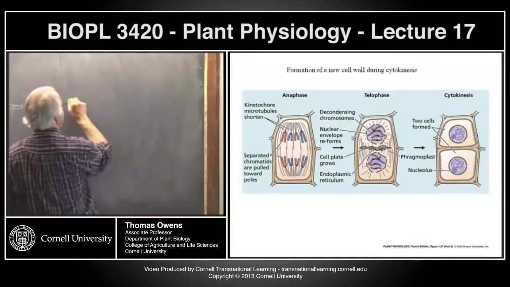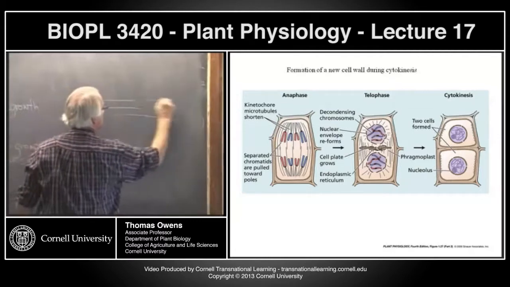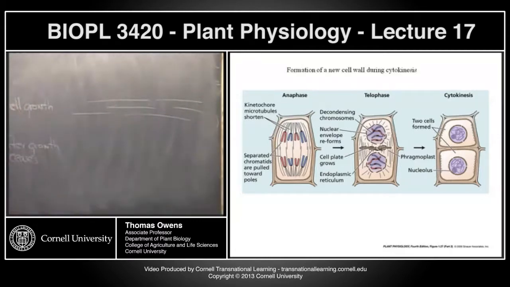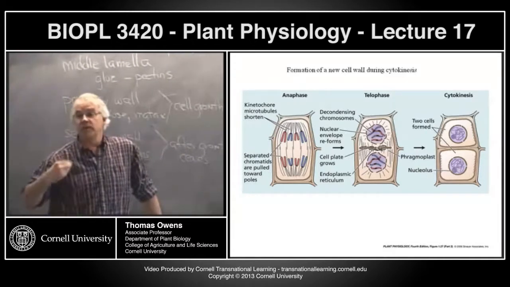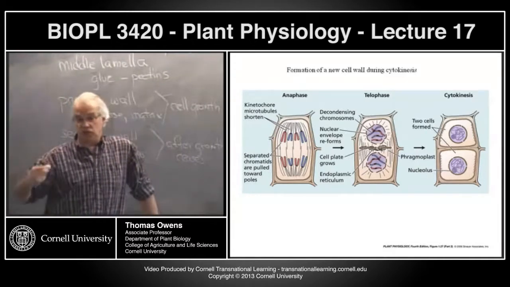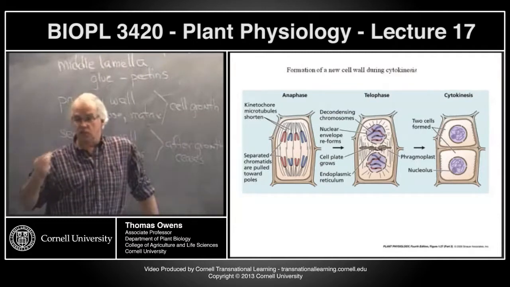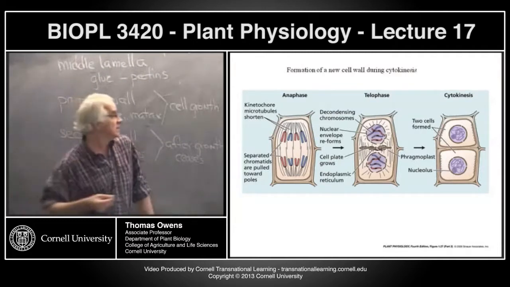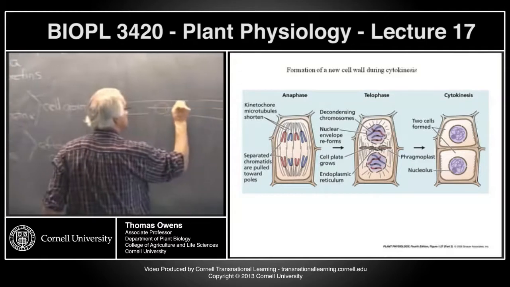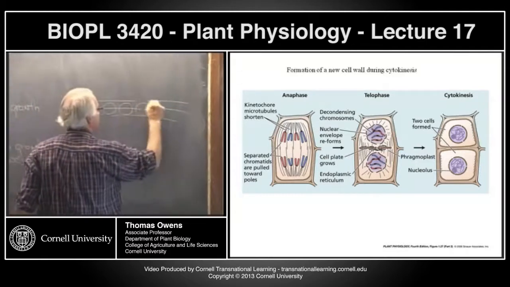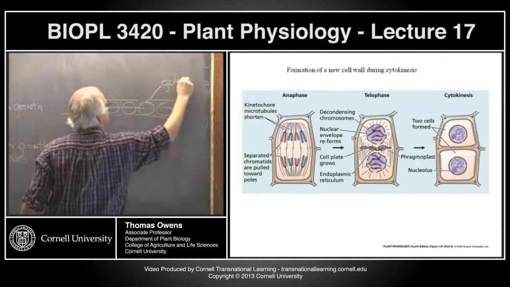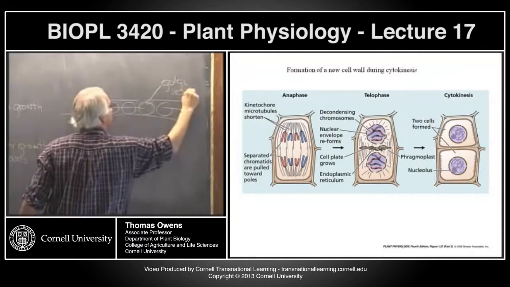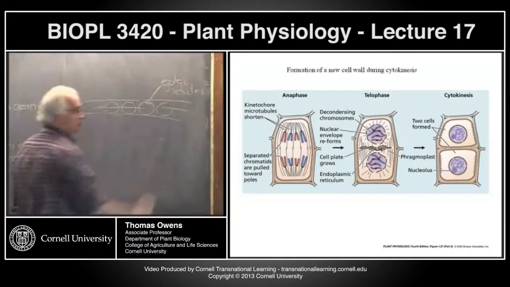So basically, between the two daughter cells, we have this network of microtubules, the phragmoplast. And what these microtubules do is they attract vesicles derived from the Golgi. So vesicles derived from the Golgi tend to aggregate along these microtubules.